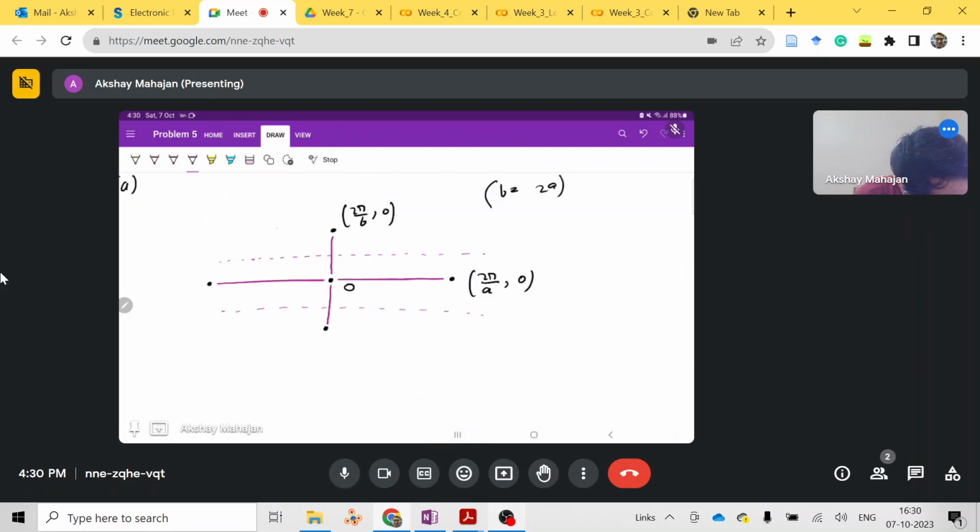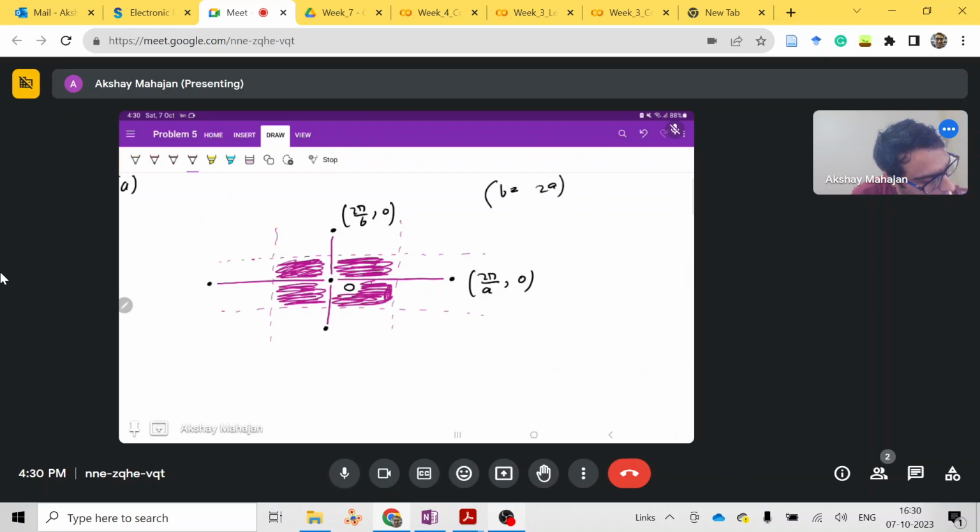Just draw a perpendicular bisector here, and this will be our first Brillouin zone. It is similar to the previous problem.